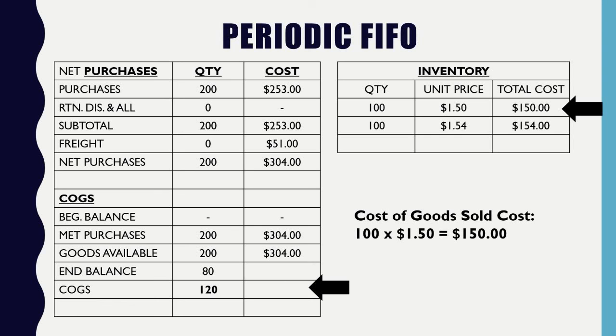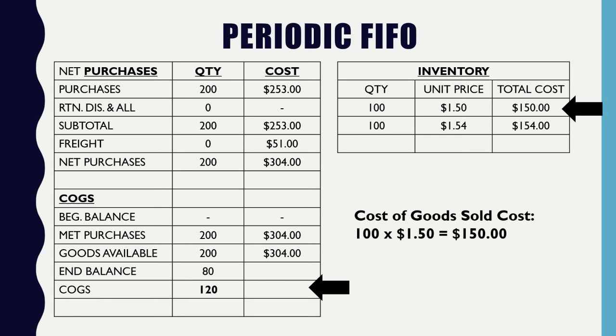Now we still have 20 left that we sold. Where are we going to be taking that out of? If we get rid of the first batch, what batch do we have left? The second batch, yes.